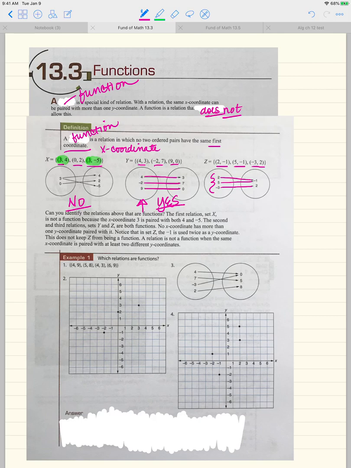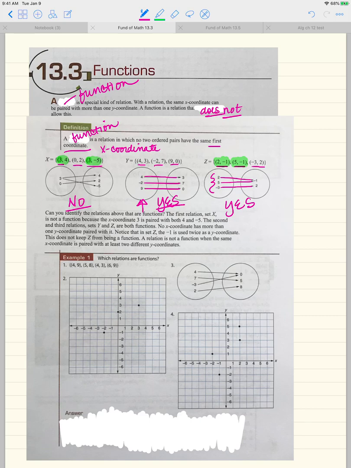The definition of a function is that it's a relation in which no two ordered pairs have the same x coordinate. Even though this ordered pair and this ordered pair both have -1 as their y coordinate, it is a function because the y coordinates can be the same, the x coordinates cannot. So z absolutely is a function. Okay?